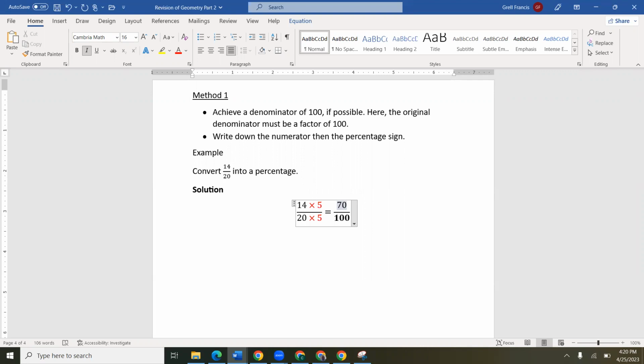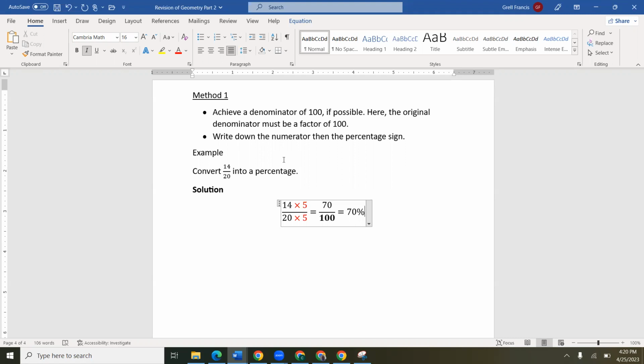Now, once your denominator is 100, as this step says, you can write down the numerator, which is 70, and then the percentage sign. So 14 over 20 is 70%. So that's one way of converting a fraction to a percentage. Very easily done when the denominator is a factor of 100.